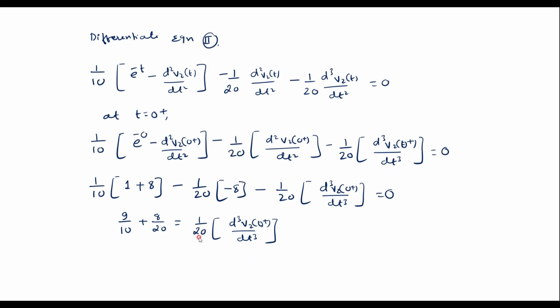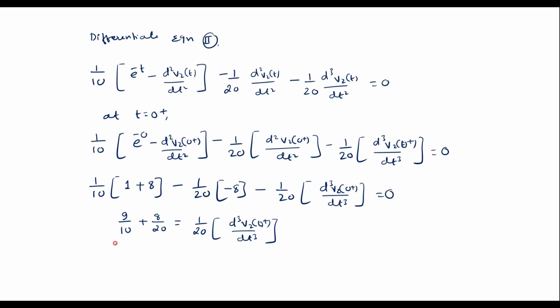Taking 20 to the other side, 20 by 10 is 2, 2 into 9 is 18, plus here it will be 8, is equal to d cube v2 of 0 plus by dt cube.